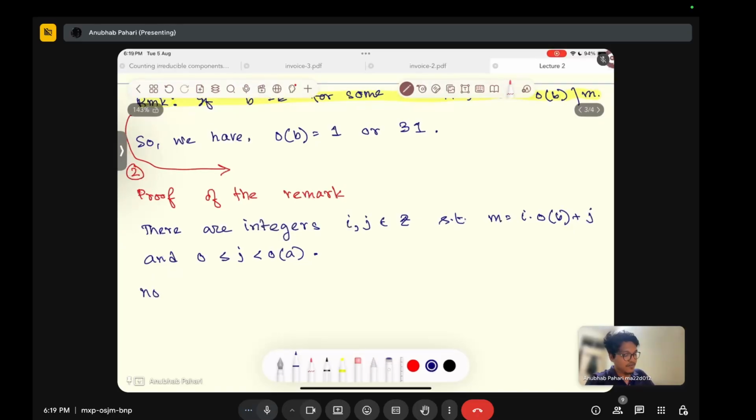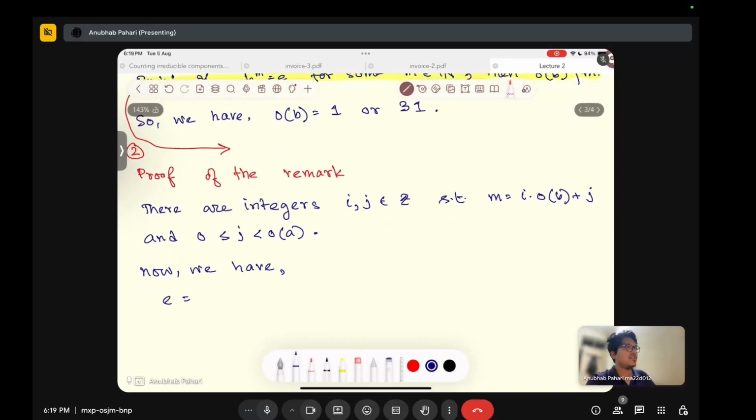Now we have e equals to b to the power m, that is b to the power i of order of b plus j.